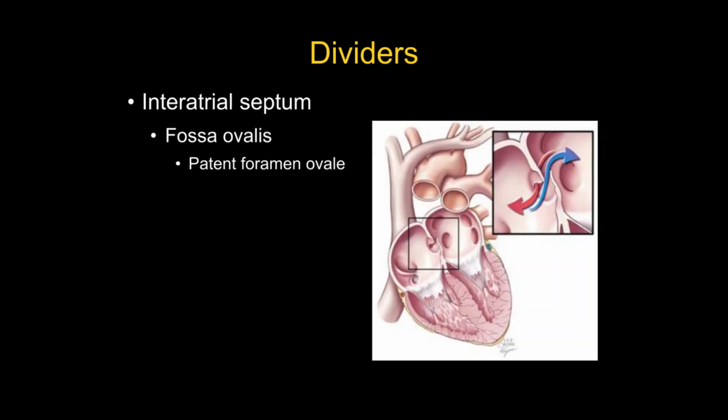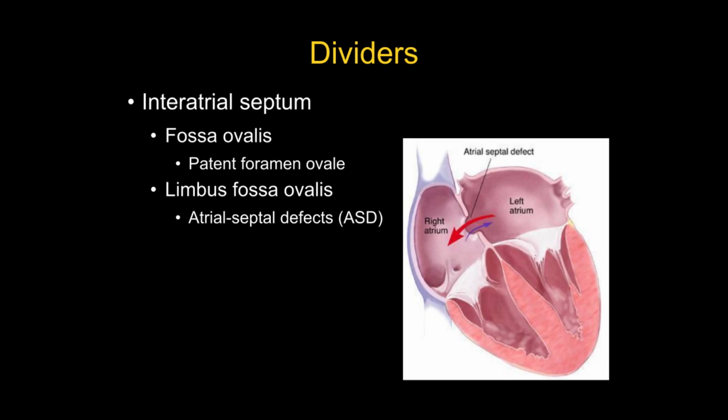So as mentioned, the wall between the right and the left atrium has a remnant of a hole there before, the fossa ovalis, which in some people may persist as an opening known as a patent foramen ovale. There may be other holes which should have closed. So you can have what we call defects in the atrial septal wall or septum. So these are atrial septal defects or ASDs.